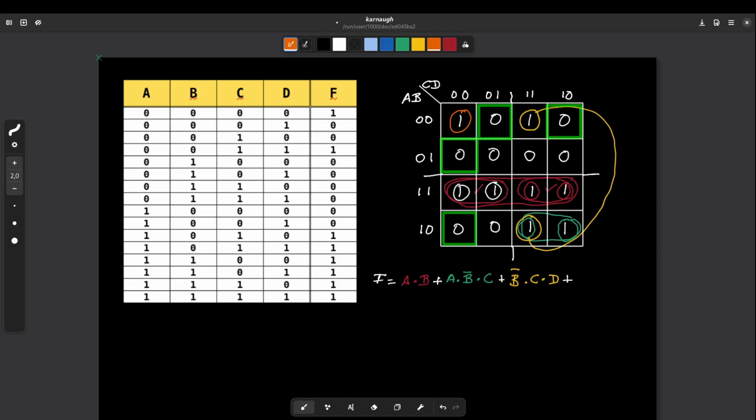There are no ones in these boxes, so I cannot minimize this term, so I will write it this way: A negated and B negated and C negated and D negated.